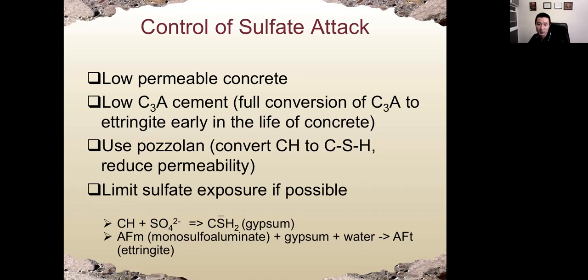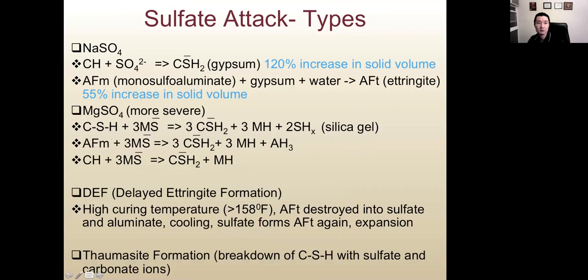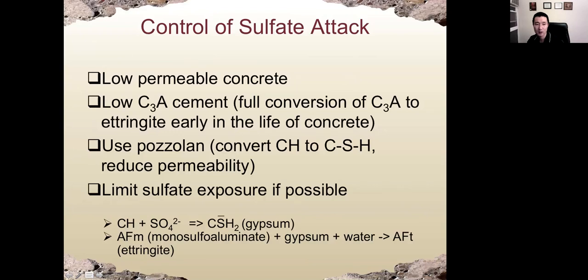That will reduce some of these attacks, such as the first one, so there's no first equation. Right. Of course, if we can limit exposure to sulfate ions, that will be the best. Okay, so no sulfate from outside, no sulfate attack.